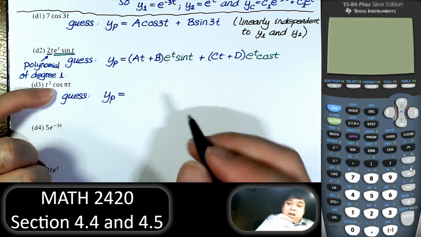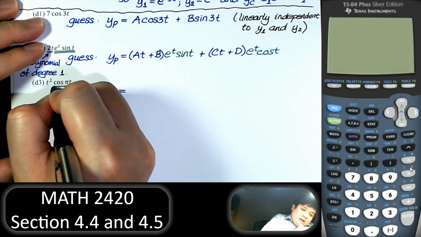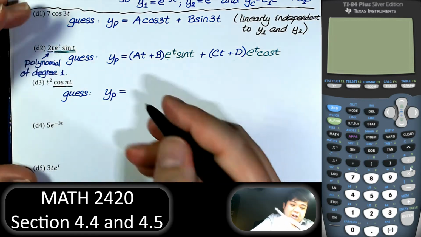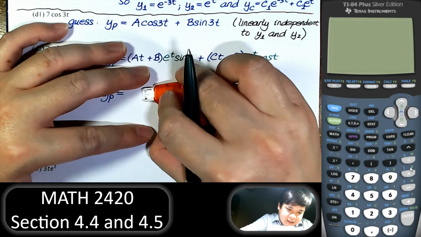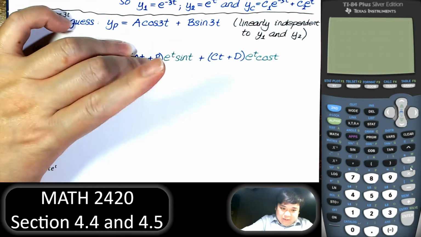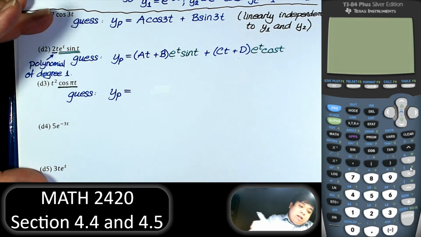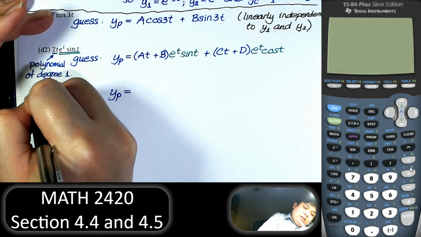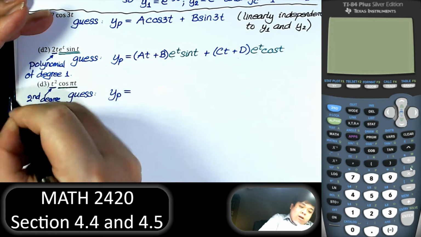when there's sine, there will be cosine. This will just have cosine. There's no e to the t, so we don't worry about that. So we just have cosine of pi t. Just need more space. And here we have t squared, which is the second degree polynomial.